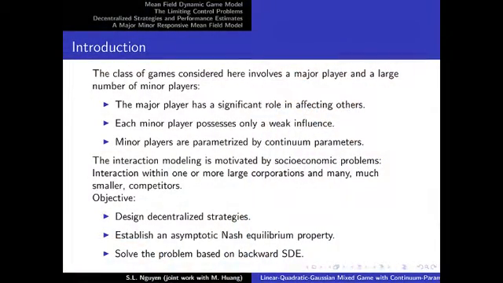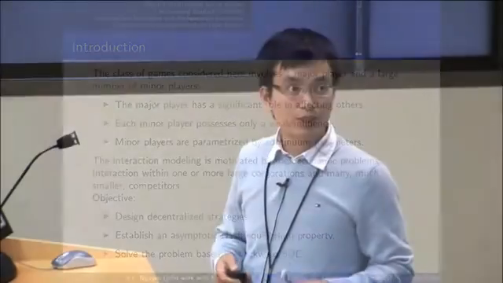The class of games we consider here involves a major player and a large number of minor players. The major player has a significant role in affecting others, and minor players have weaker influence. The minor players are parameterized by a continuum parameter. This research is motivated by socioeconomic problems.